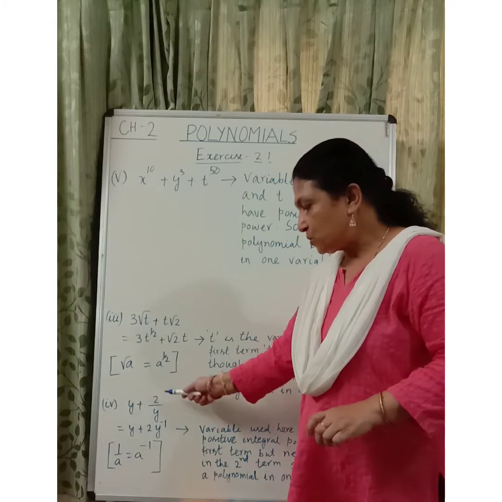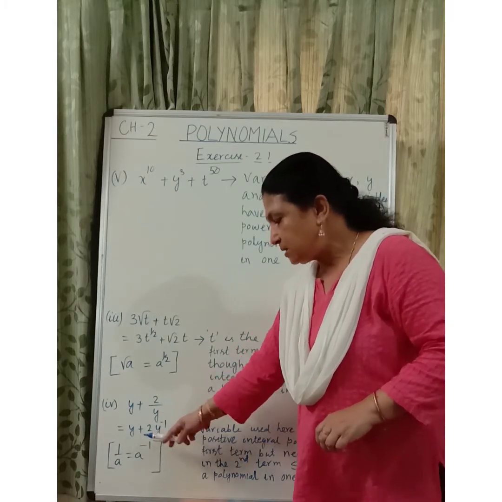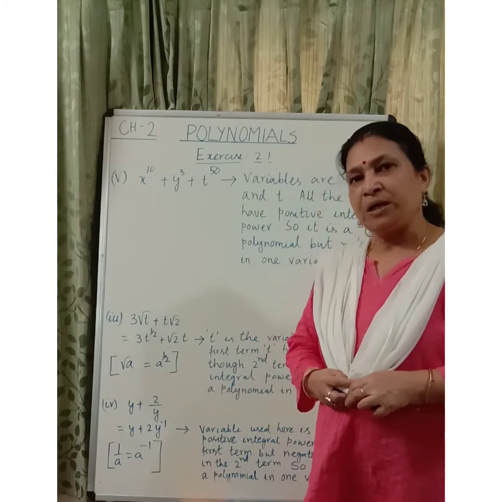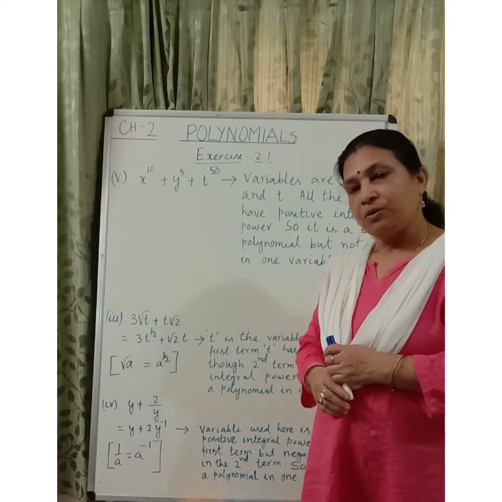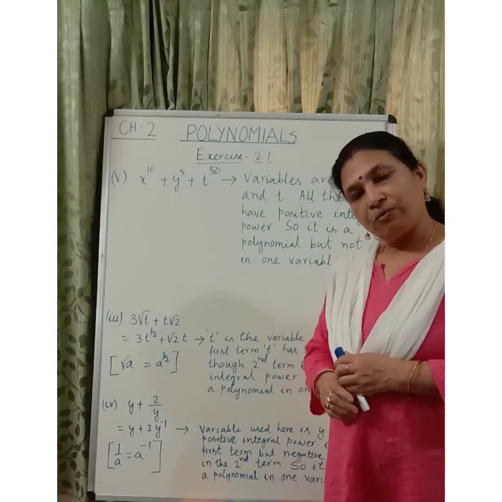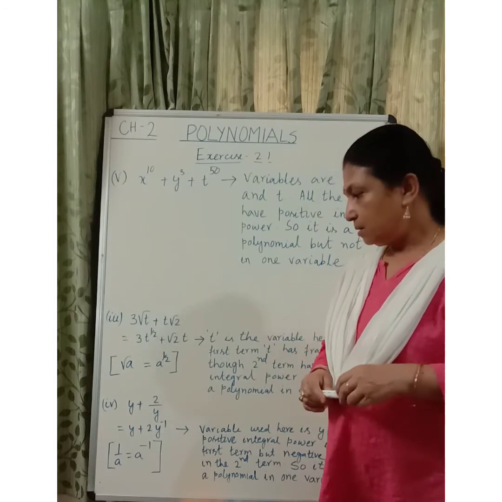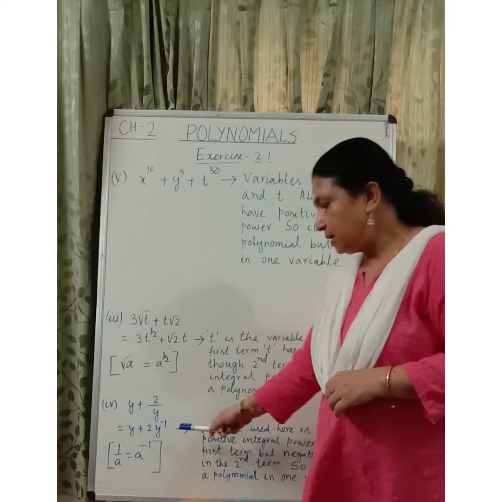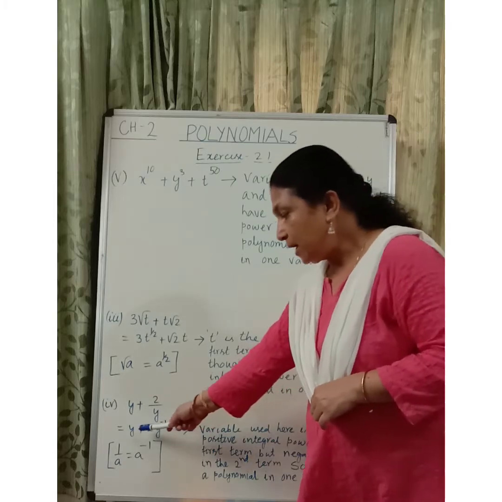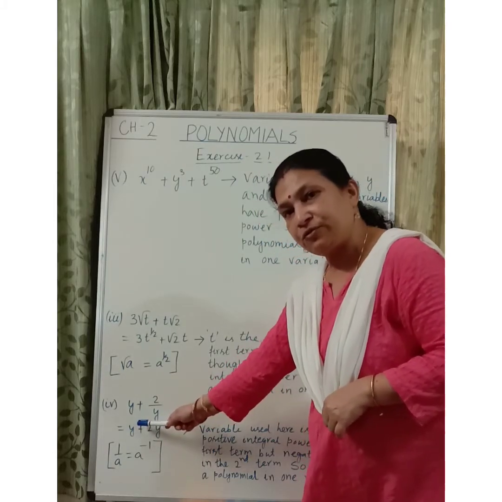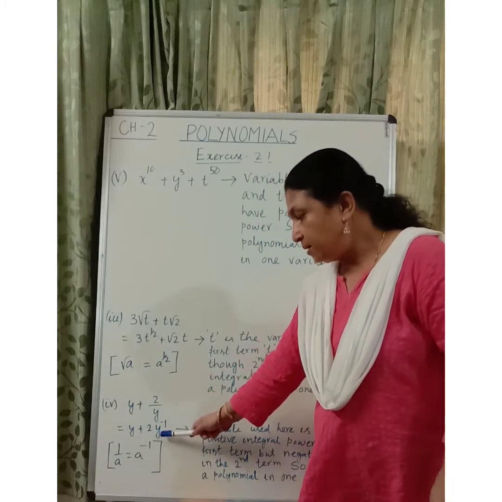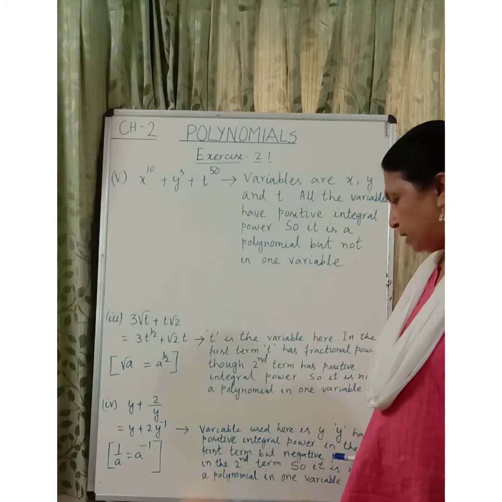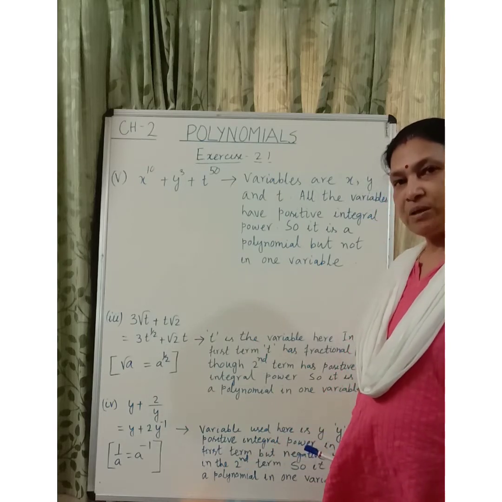So the whole expression can be rewritten as y plus 2y to the power minus 1. Is it a polynomial? No, it is not a polynomial. Why is it not a polynomial? The variable used here in both the terms is y, and y has positive integral power for the first term, but the second term has negative power.